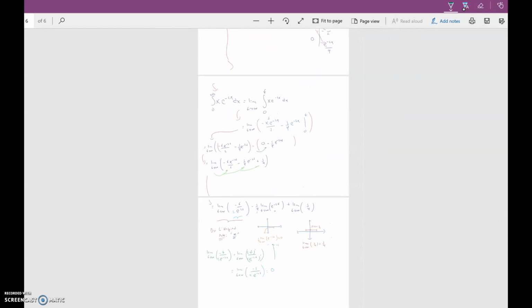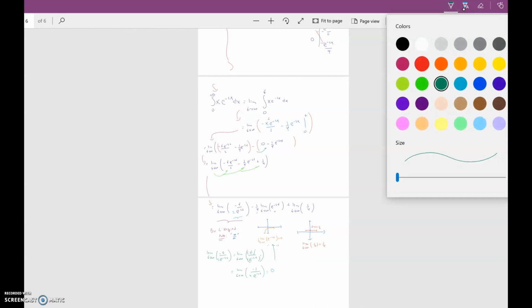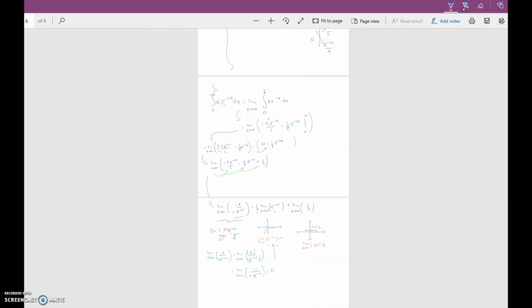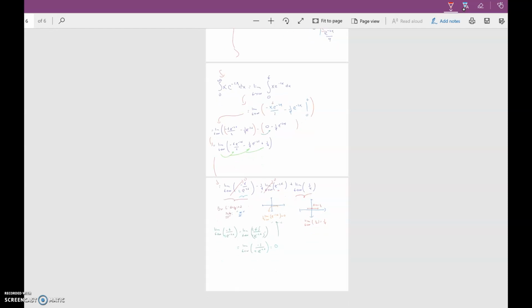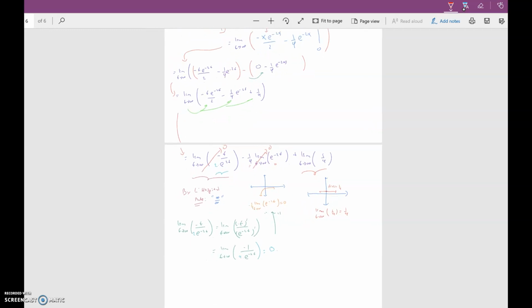Okay, so our final answer, and in this case, all of our limits went to 0 except the last one. So technically, this one went to 0, this one went to 0, and you're just left with that portion. So our final answer on this one, which is good news, it actually converges.